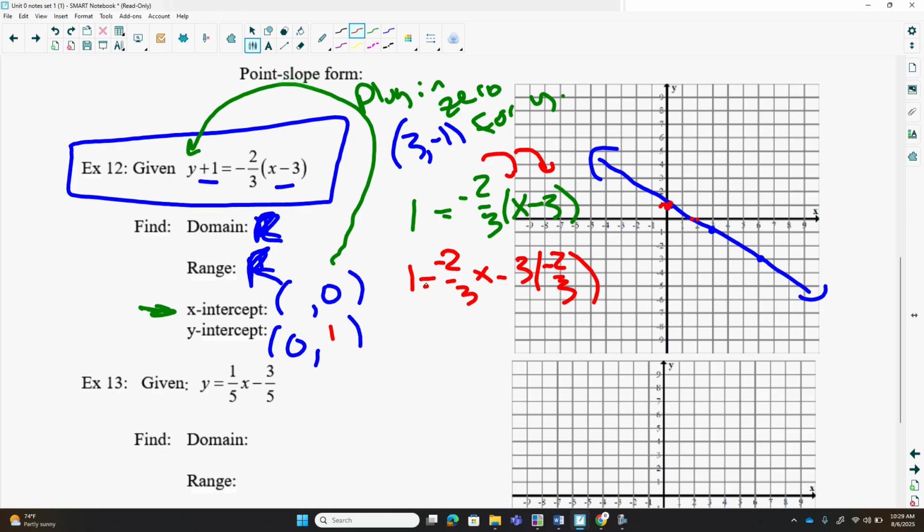Now, Peyton, I showed you earlier, take the fraction here, you can put that over 1, correct? And you can multiply negative 3 times negative 2. What's negative 3 times negative 2? Negative times negative is a positive 6. So this side is going to be a positive 6 over 3. This is going to be negative 2 over 3x equals 1.